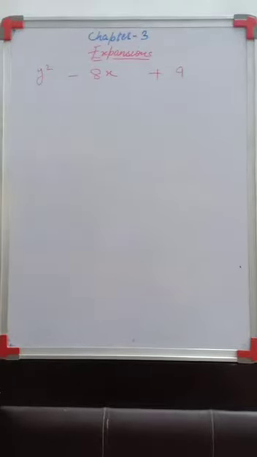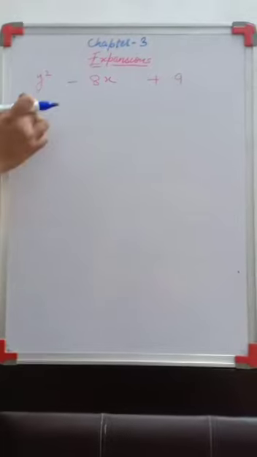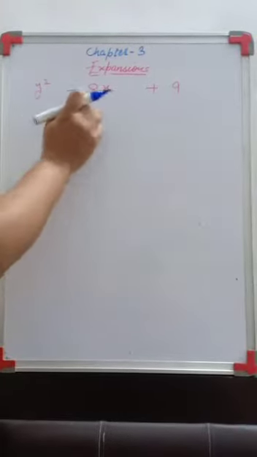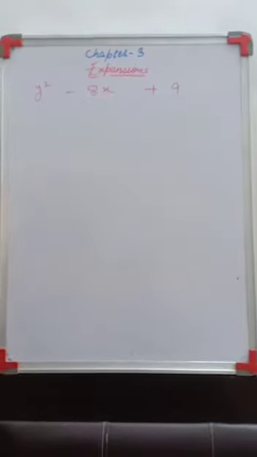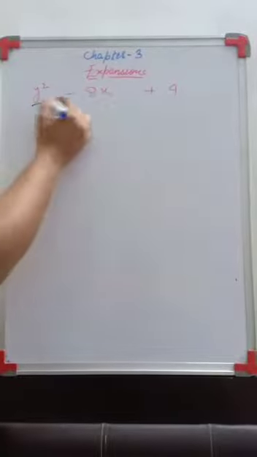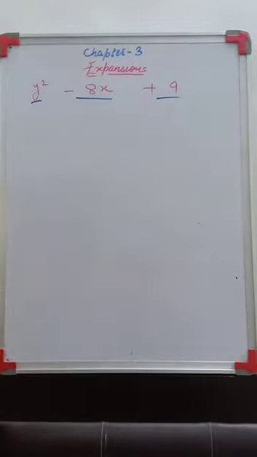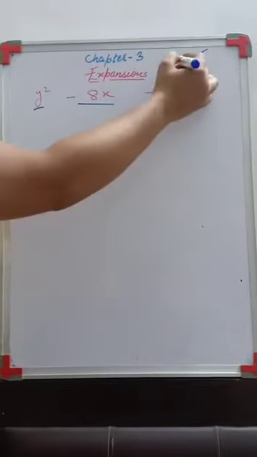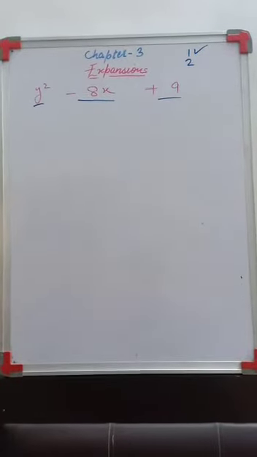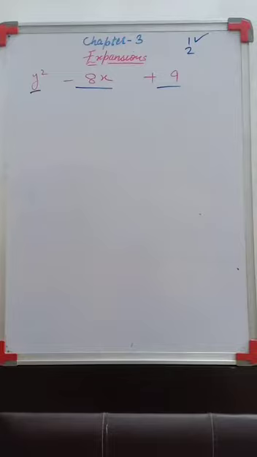So I am taking another example. I want to check whether y square minus 8x plus 9 is a perfect square or not. How will I check? My first condition was that it must have three terms. So 1, 2, 3. My first condition is satisfied. Now the second condition was that out of three terms, two must be perfect squares.